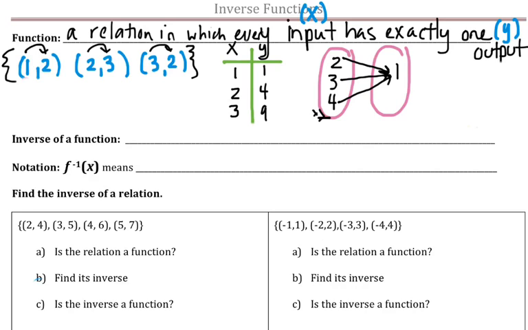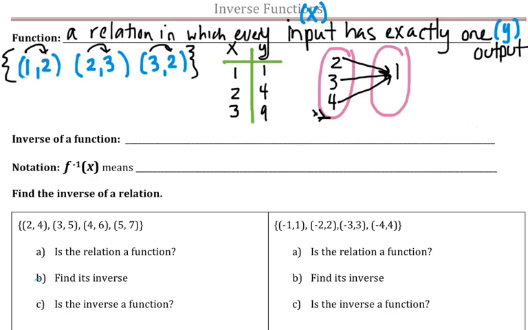So if you think of these right here as airplanes, 3 different airplanes can all go to San Francisco. But you can't have one airplane that's both going to San Francisco and Orlando. That doesn't happen. So you can't have one number here that's going to 2 numbers there. That's not allowed. But you could have 3 different numbers going to the same place.